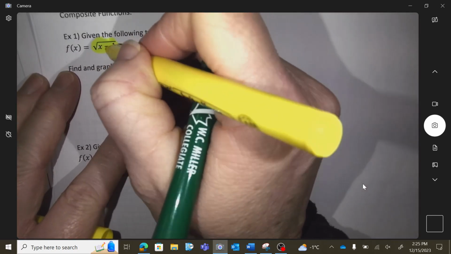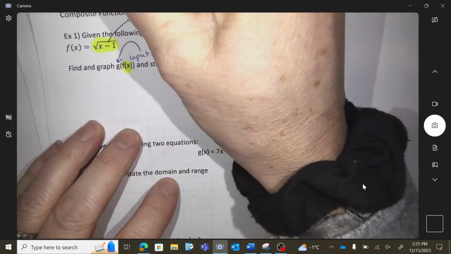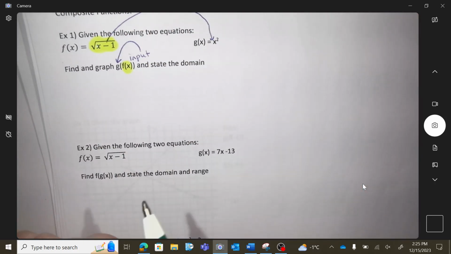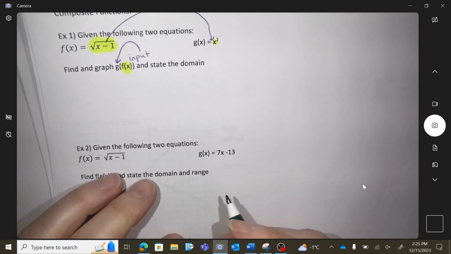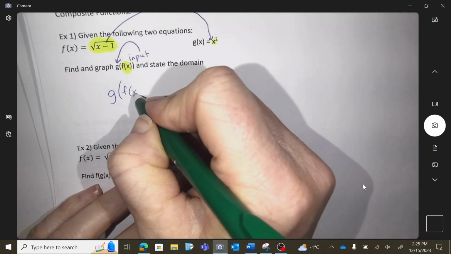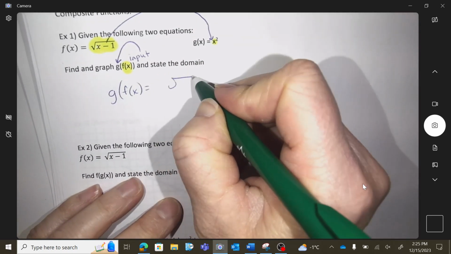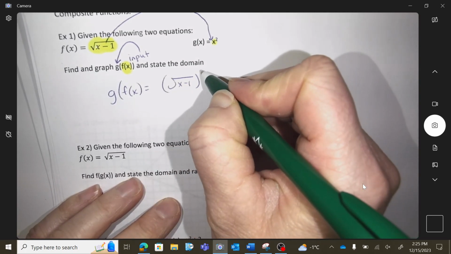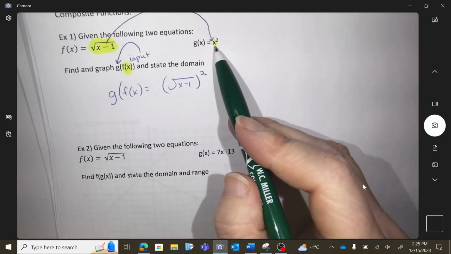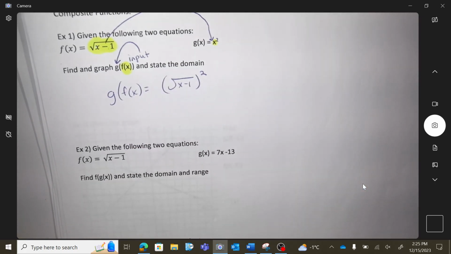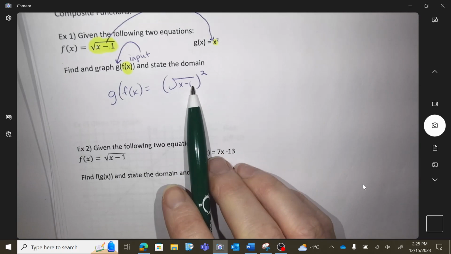You're going to put this into this position. So I put that into the place of the x, because that is our input, so I'm replacing the input with something else. Okay, I can simplify this.